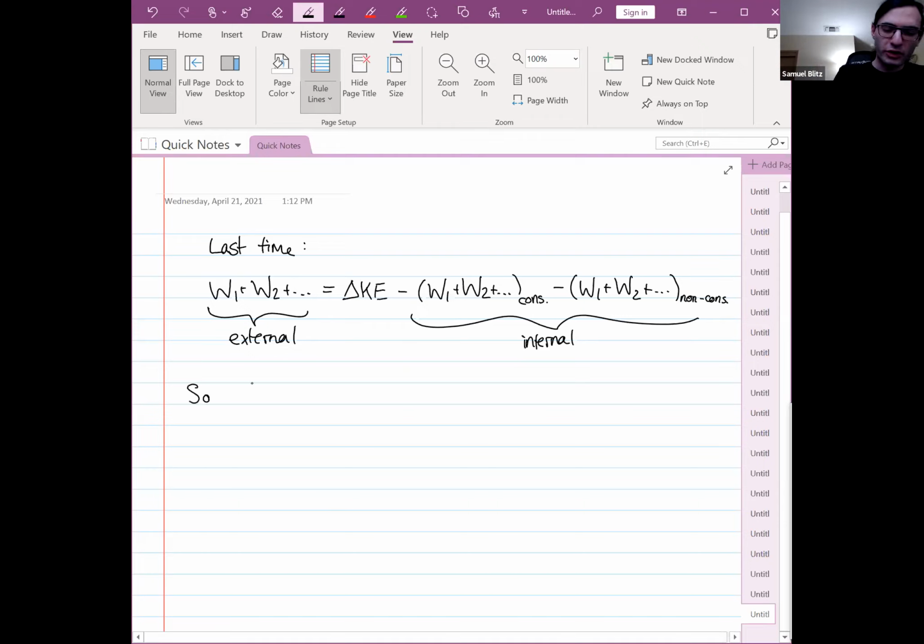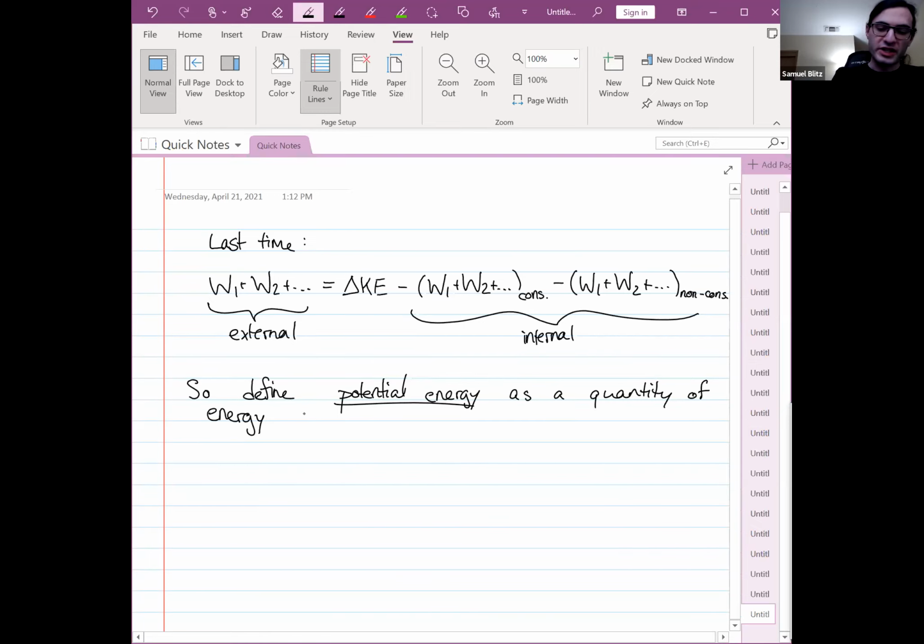So what we are going to do is define potential energy as a quantity of energy, just like how kinetic energy is a quantity of energy. It's a quantity of energy that a system possesses due to its position, or due to the relative position of objects within the system.